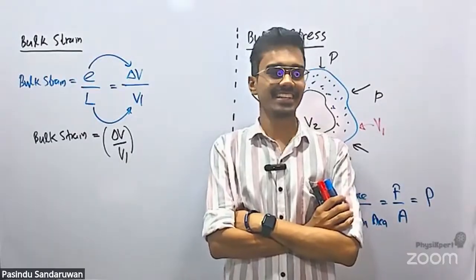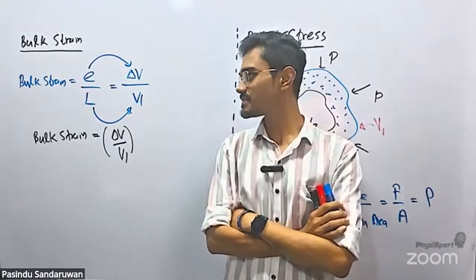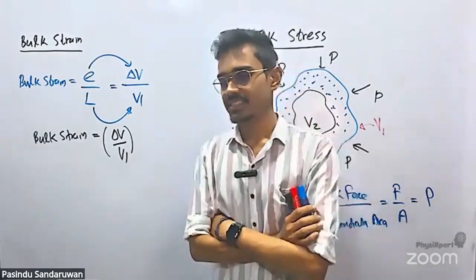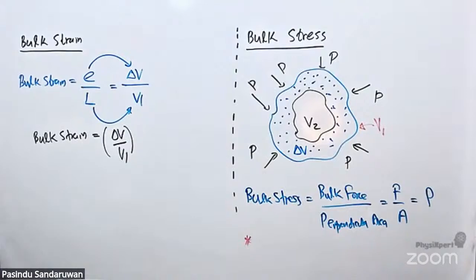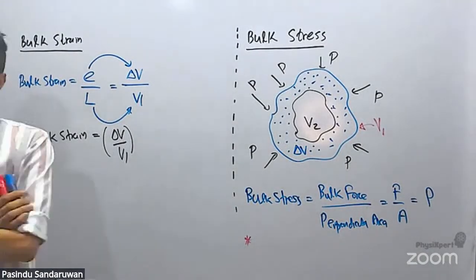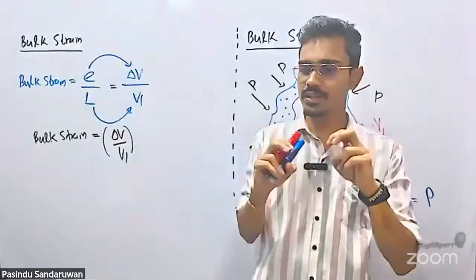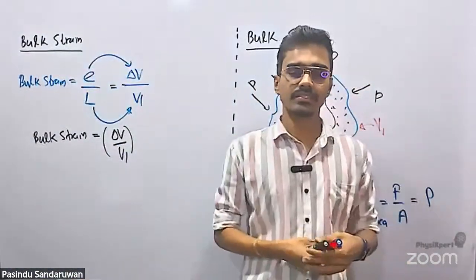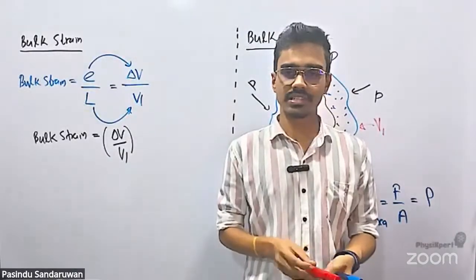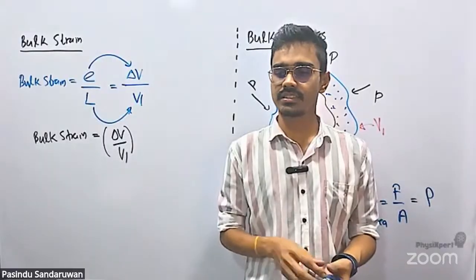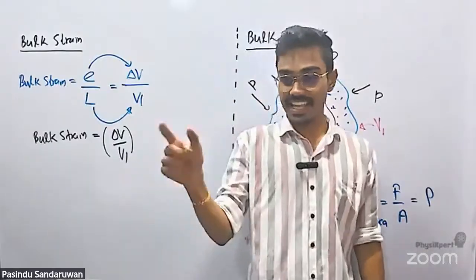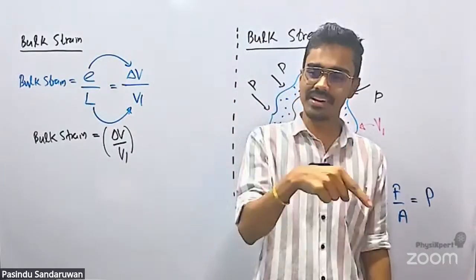Anyone? Thermal expansion. We had a single term for this, delta V over V1. What was it? Yes, it's gamma theta. It is correct. So what was gamma theta?